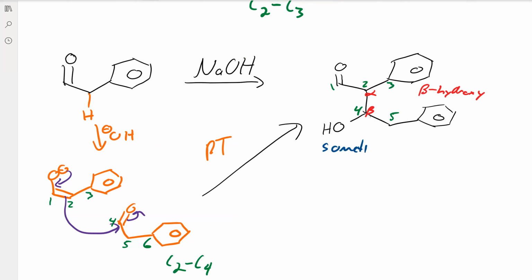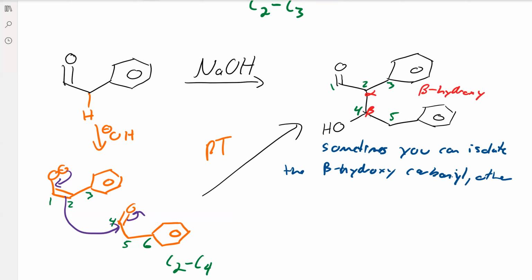So sometimes you can isolate the beta hydroxy carbonyl. Other times it will react further. And we'll learn about that in this next section.